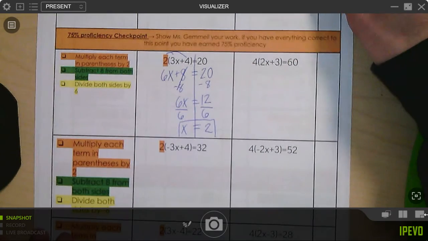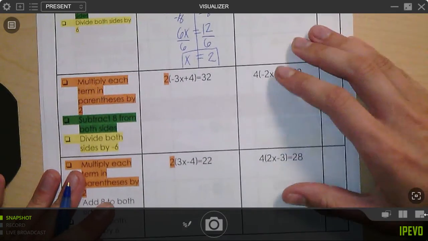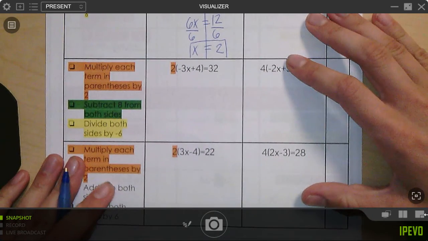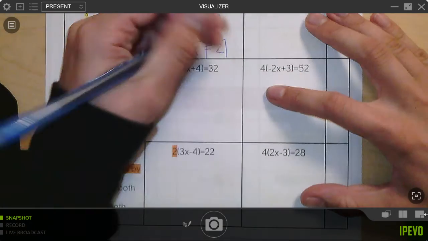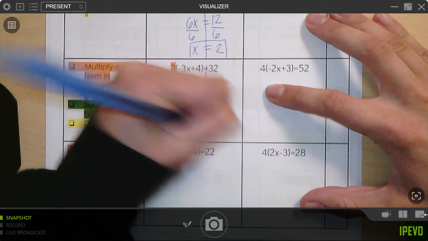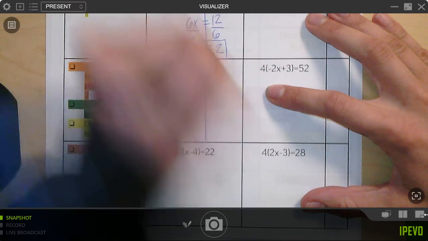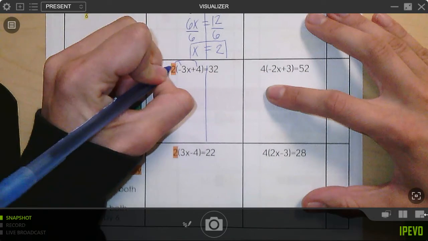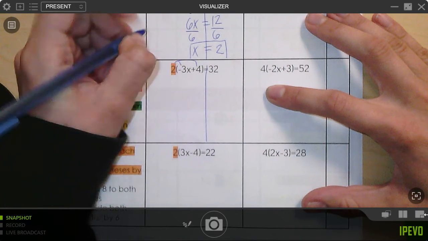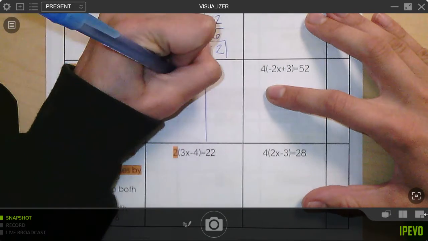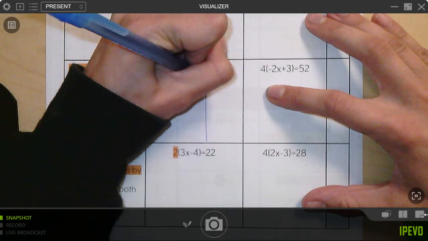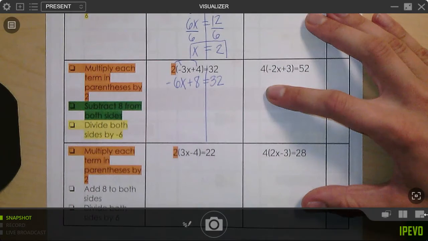All right, next example. Remember, again, the only difference here is that we need to simplify this equation before we can solve. I'm going to draw a line through the equal sign, and I need to perform the distributive property. Positive 2 times negative 3x is negative 6x. Positive 2 times positive 4 is positive 8 equals 32.